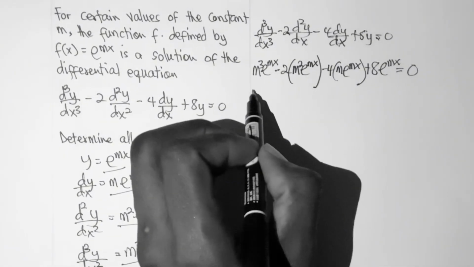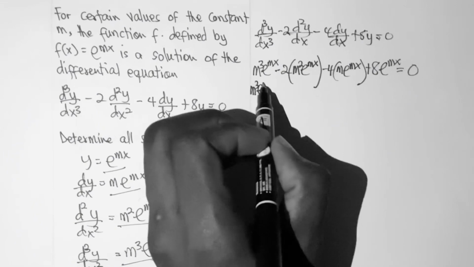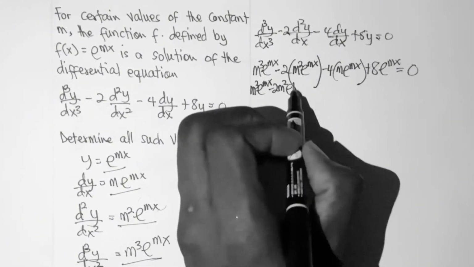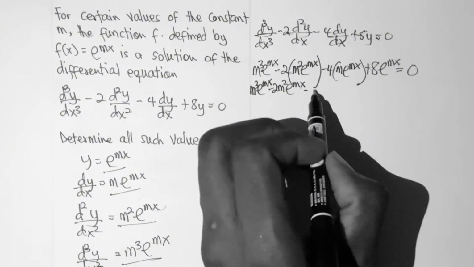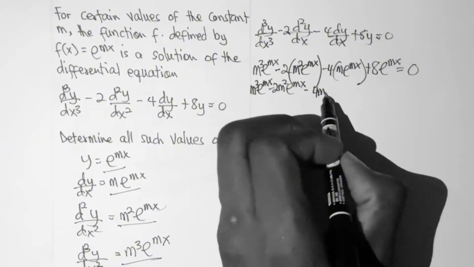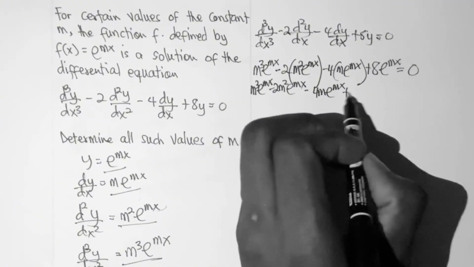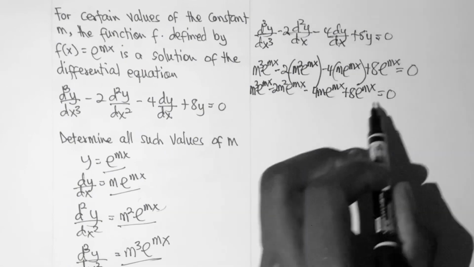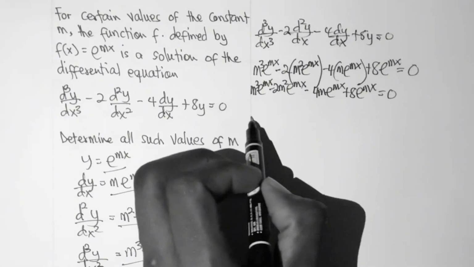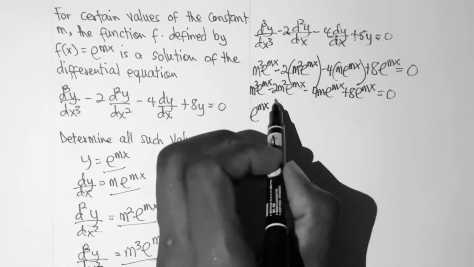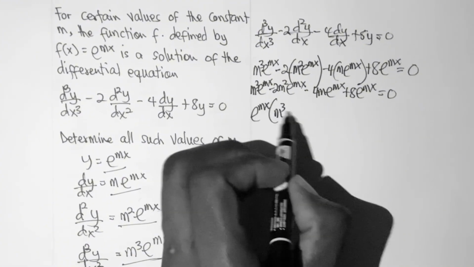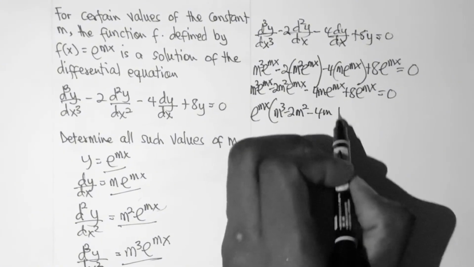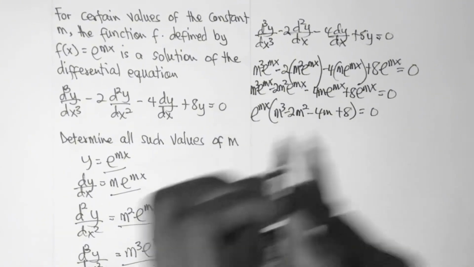So let's expand. Here becomes m³ e^(mx), then minus 2m² e^(mx), then minus 4m e^(mx) plus 8e^(mx) is equal to 0. So let's factorize e^(mx) out, and we'll be left with m³ minus 2m² minus 4m plus 8 is equal to 0.